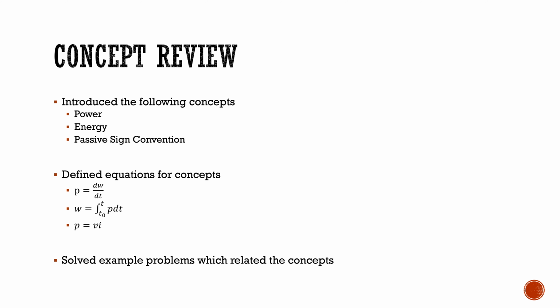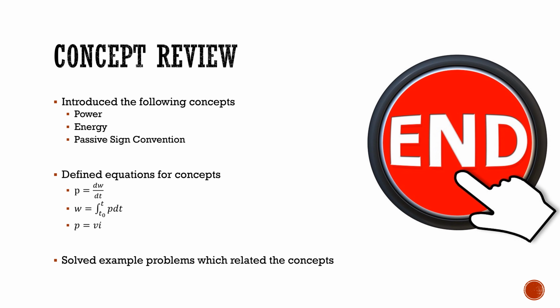The equation defined for power is dW over dt, and work is the integral of power, and a second equation for power relating voltage and current is P equal VI. We solved some example problems which related the concepts, and that concludes this lecture.